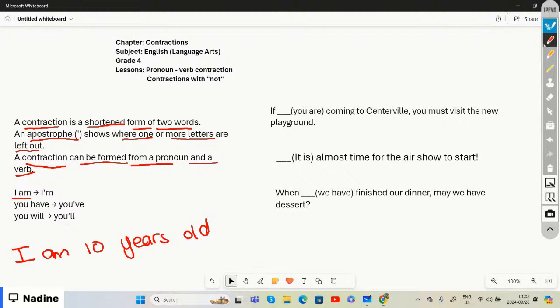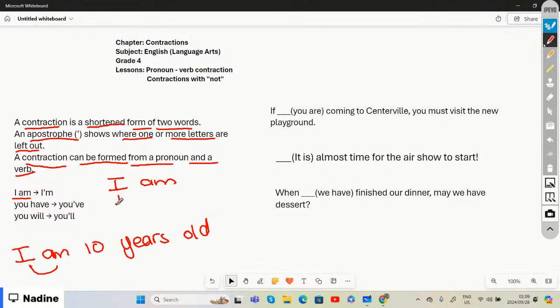So the pronoun within the sentence is I. In order to shorten I am, remember we form it by using a pronoun.